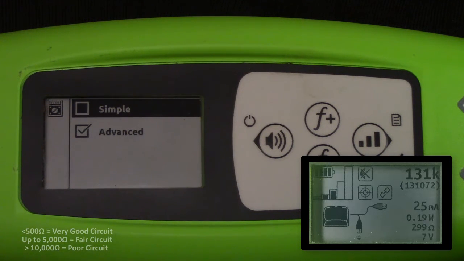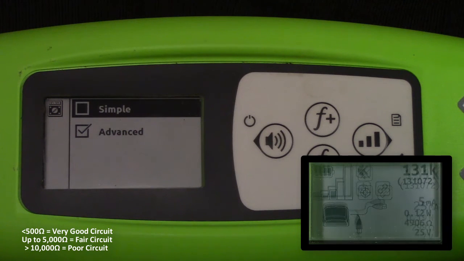If it's less than 500 ohms, it's going to be an excellent line. You shouldn't have any problems locating that line. If it's up to about 5,000 ohms, it's still locatable. It's a fair line. You should be able to locate it. You may have to use a little bit higher frequency to go down the line, but it shouldn't be a problem.